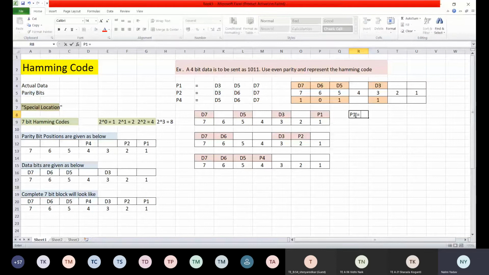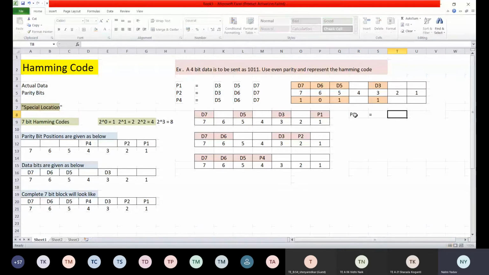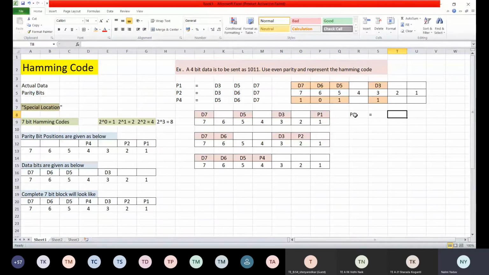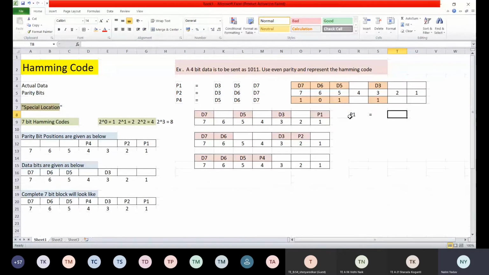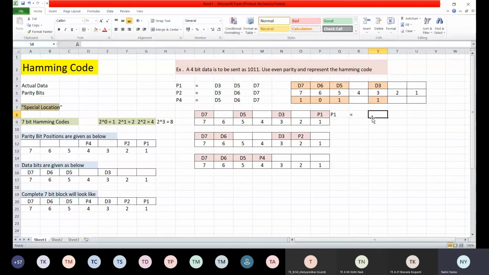Now calculate the bit P1 with the formula given above. P1 में क्या क्या bits consider होते हैं? D3, D5, D7. चलो D3 पे क्या है बताओ? Can anybody tell me what is the bit at D3? 1. हाँ, D3 पे 1 है.